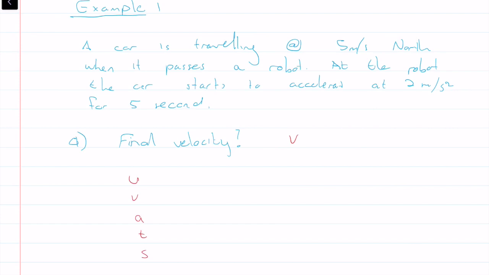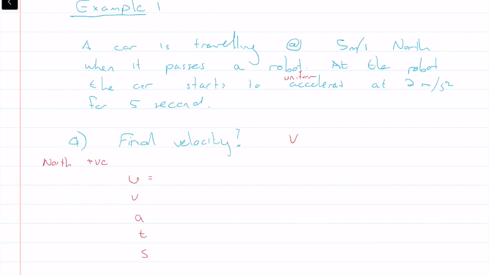UVATS, because we have constant acceleration, we should put in there that it has a uniform acceleration. Our initial velocity was given, and we're going to say that north is positive. So we've noted what direction we're choosing as positive.